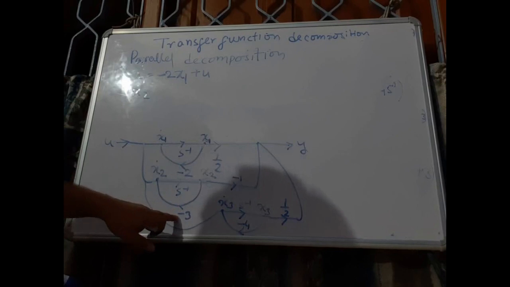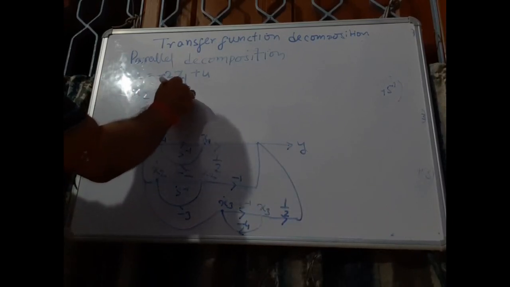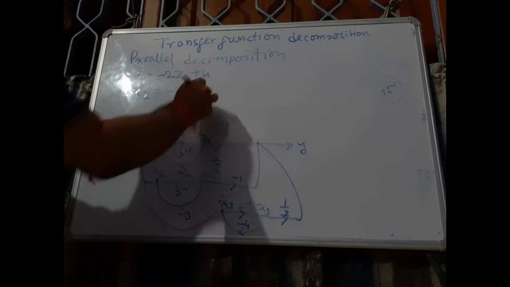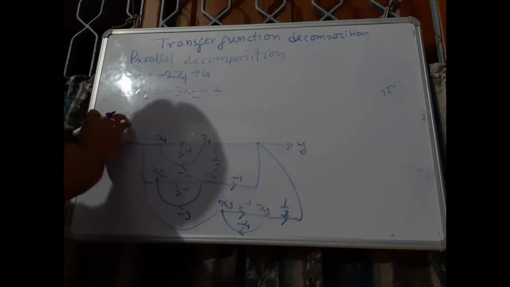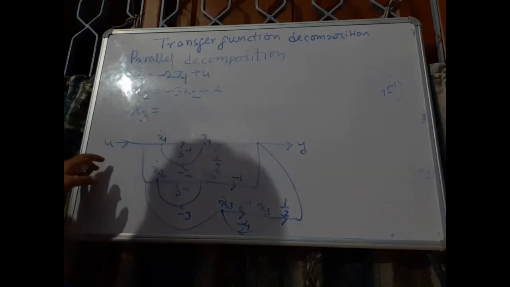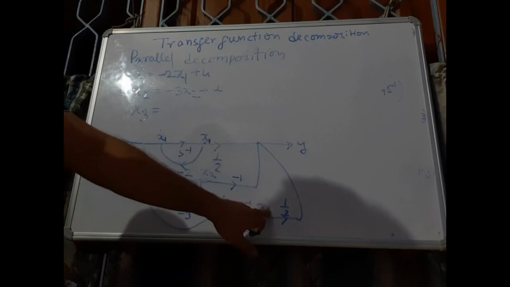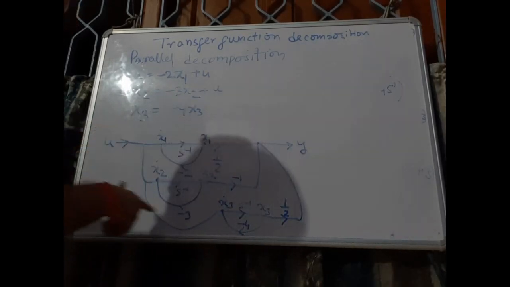We have minus 3x2 plus u, and x3 dot is equal to minus 4x3 plus u.